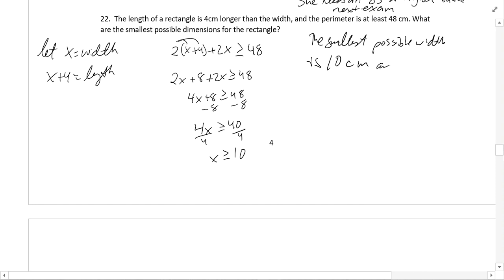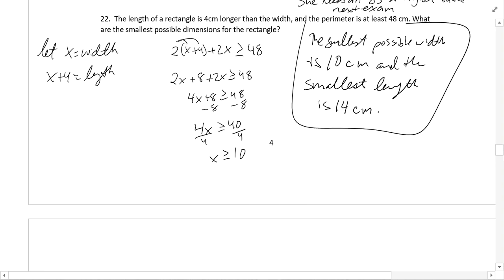So that means the smallest length is 14 centimeters. All right, so the smallest possible width is 10 centimeters, and the smallest length is 14 centimeters.